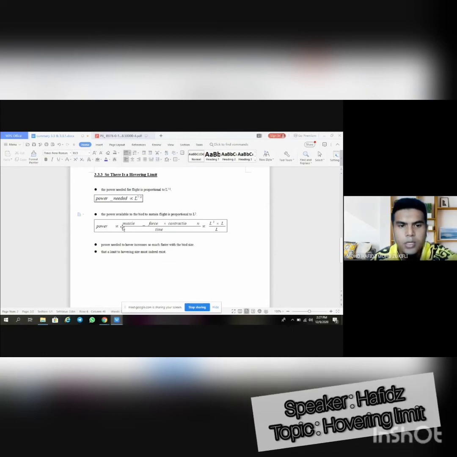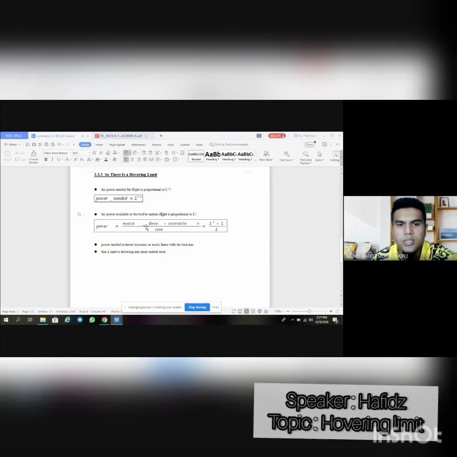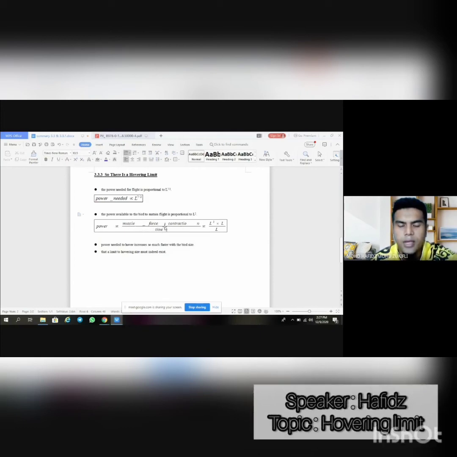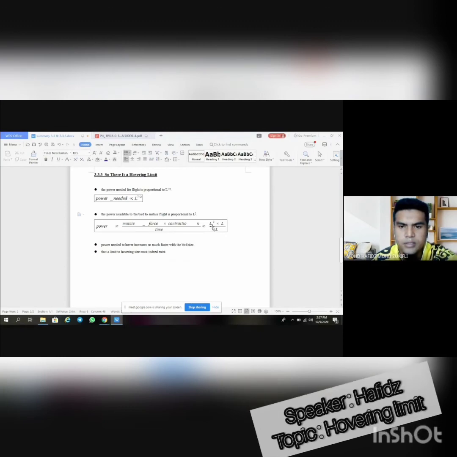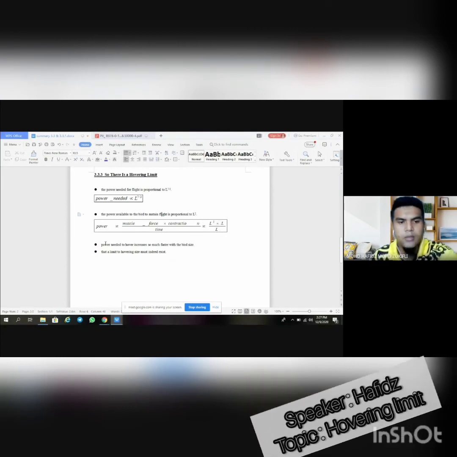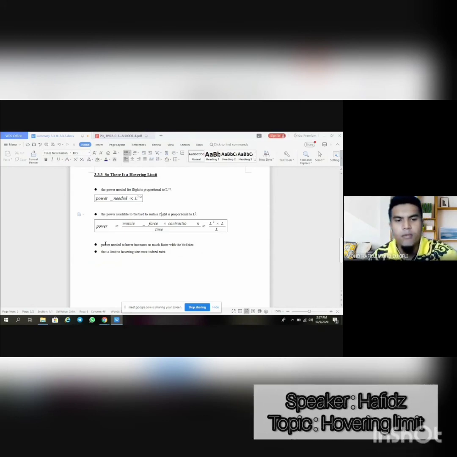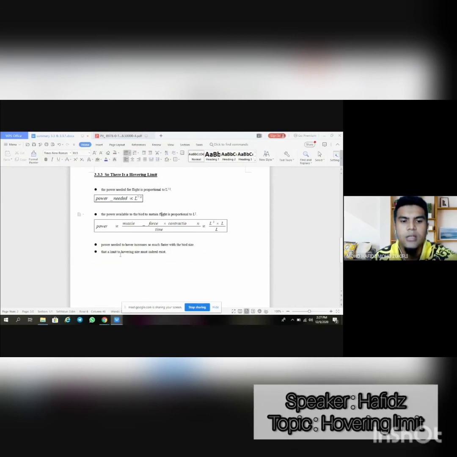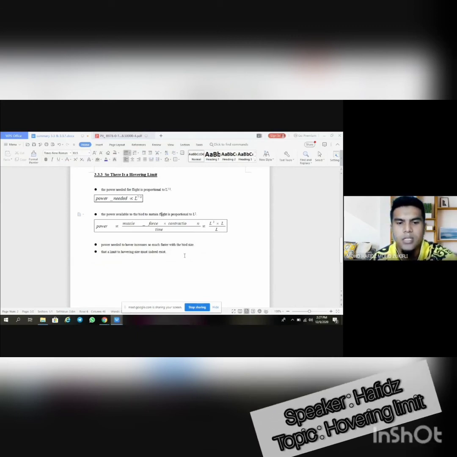The power is proportional to muscle force times contraction divided by M, like this. So we will get L squared. So the power needed to hover increases much faster than the bird size. That is, a limit to hovering size must indeed exist.